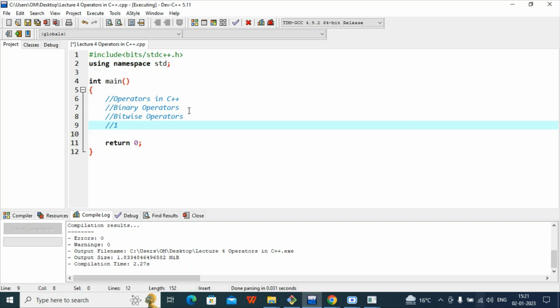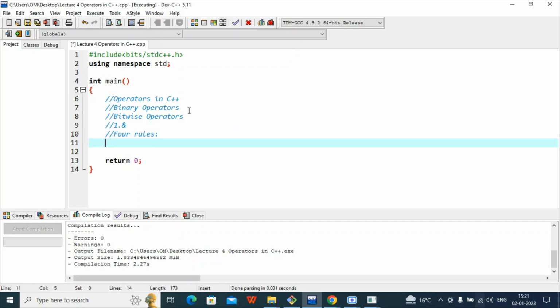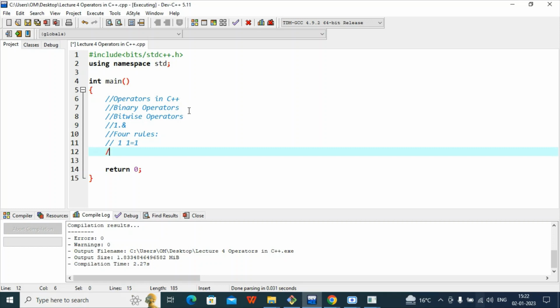The first bitwise operator is the AND operator. Be careful, I'm not saying the word and, I'm just saying the AND operator. One AND symbol, one ampersand symbol. It has four rules. 1 and 1 is 1.